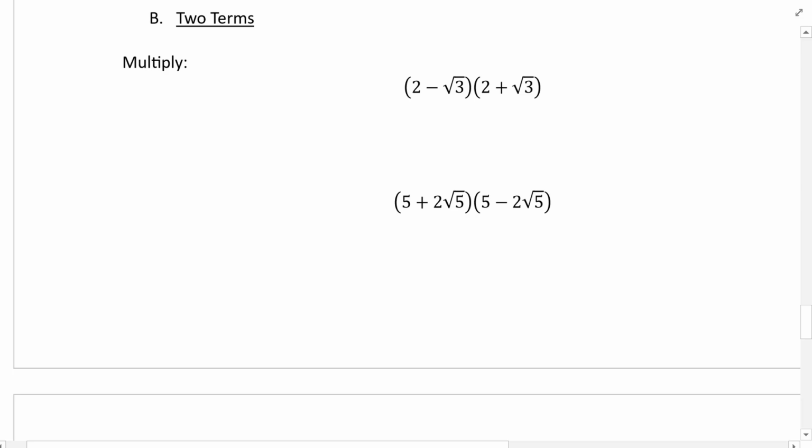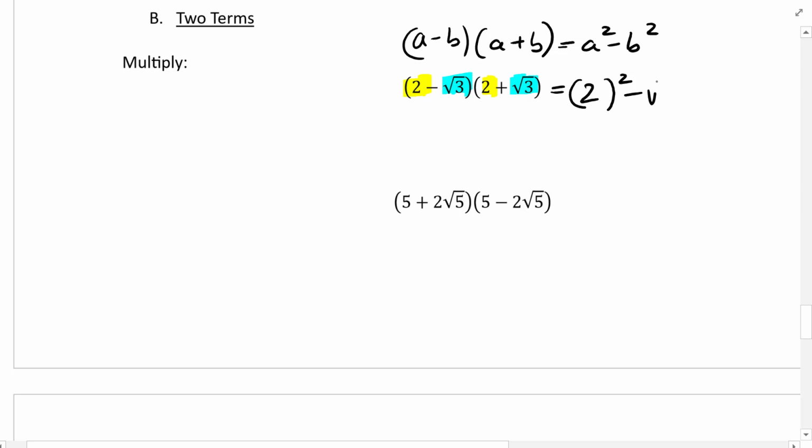We did this in the previous lesson. If I have a minus b times a plus b, it's a squared minus b squared. So in our case, looking at this example, we can immediately say that multiplying this gives us 2 squared minus the square root of 3 squared, which would be 4 minus 3, and it's 1.